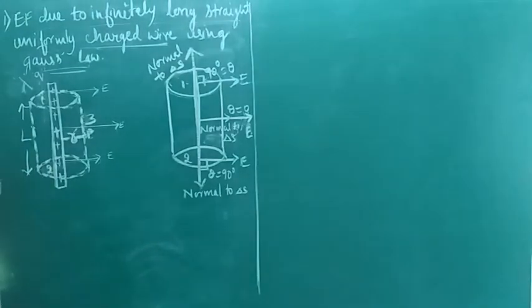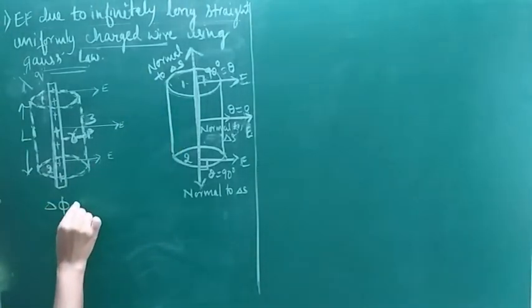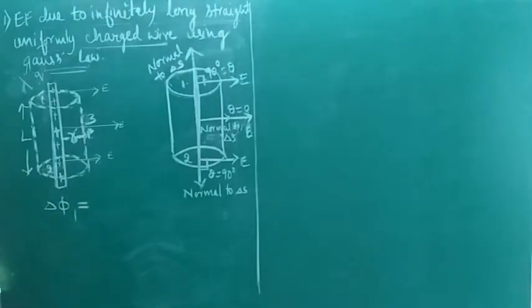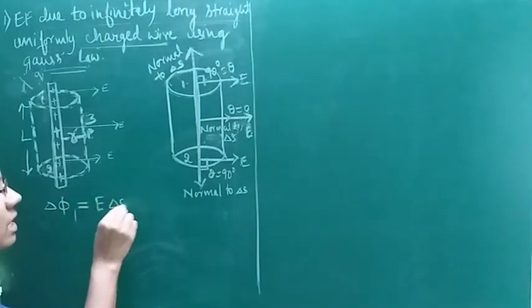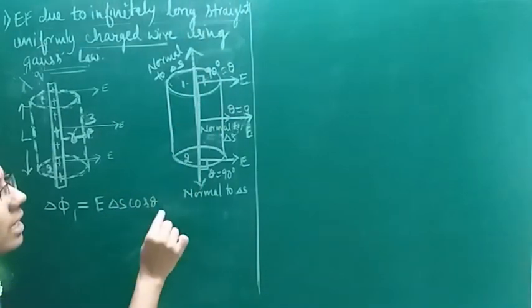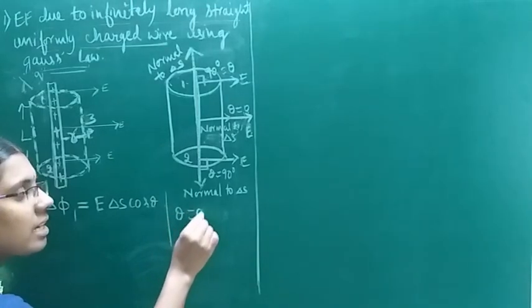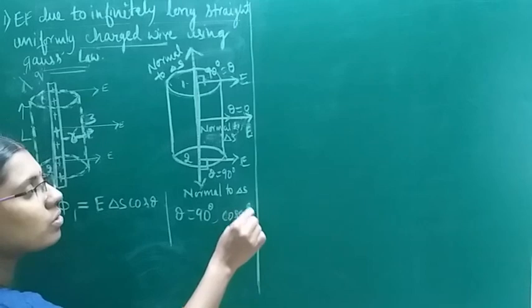So for the first circular end, the flux is given by, from the flux definition, delta phi 1 equals E delta S cos theta, right? But here theta is 90 degrees. If theta is 90 degrees, cos 90 is equal to 0.